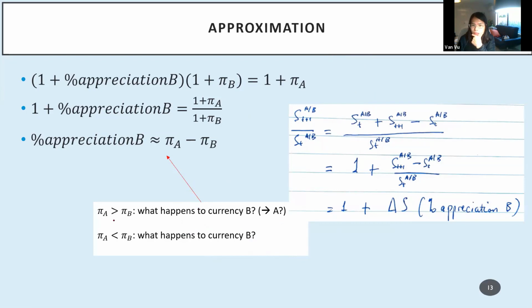Okay, so in this case, if the inflation rate in country A is greater than inflation rate in country B, what do you think would happen to currency B? If A is greater than B, what would happen to currency B?